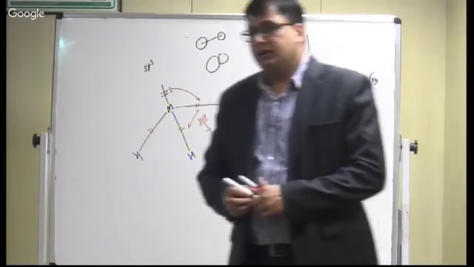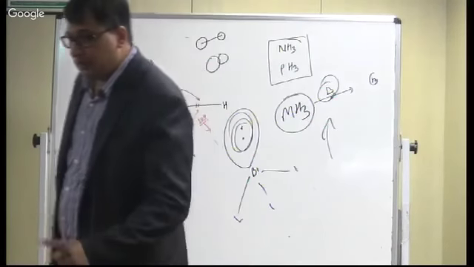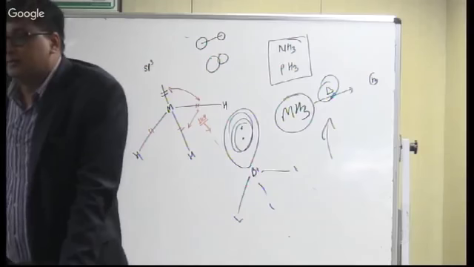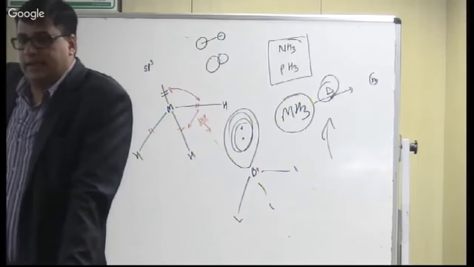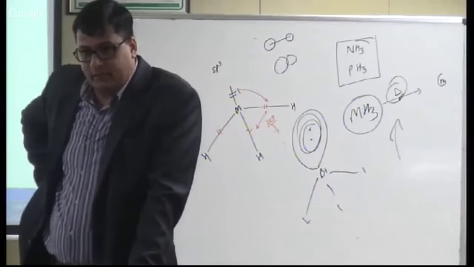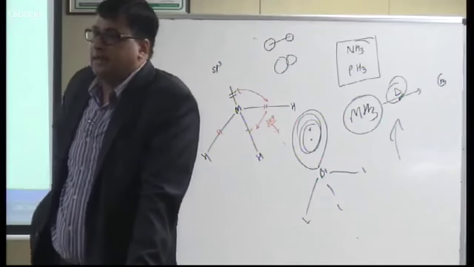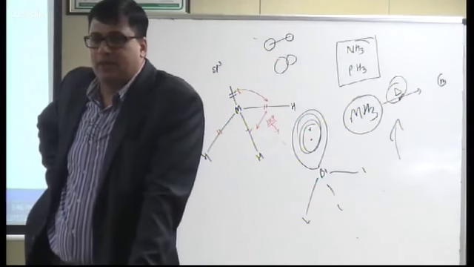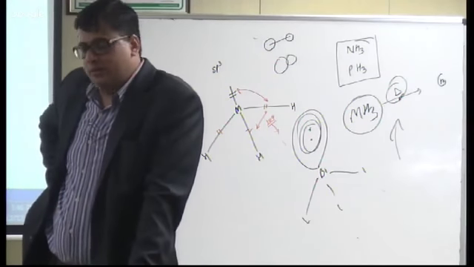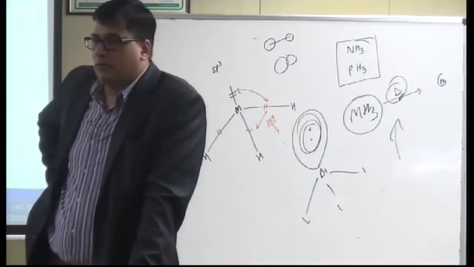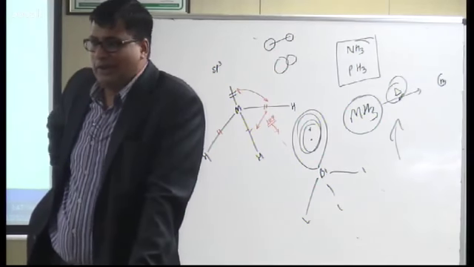Clear? So the first one is bond angle. Second one is thermal stability. Third one is poisonous nature. Fourth one is basicity. Clear? And one more is bond length. Sometimes they ask bond length. So if you move down the group, the bond length increases.